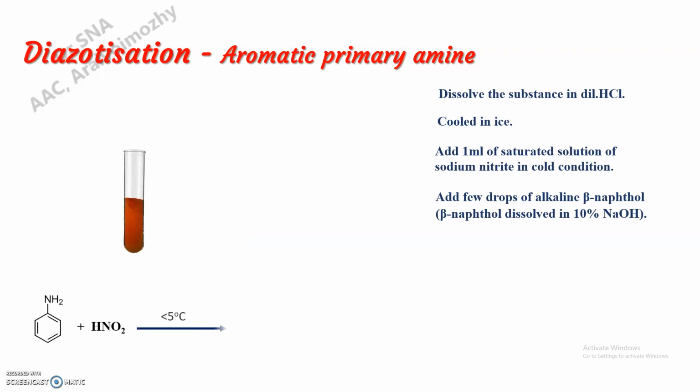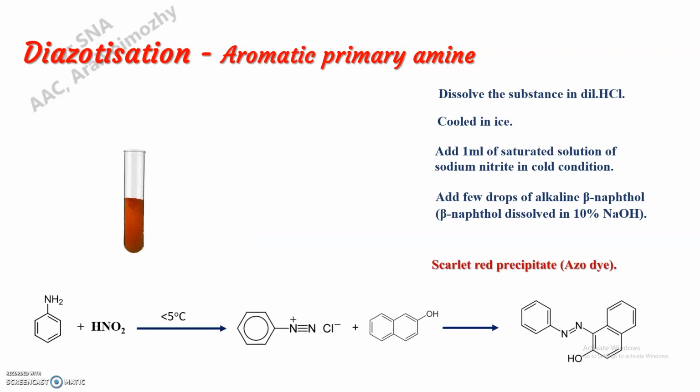So after adding this, we can get a brilliant scarlet red dye, that is, azo dyes will be formed. So this indicates or confirms the presence of aromatic primary amine.